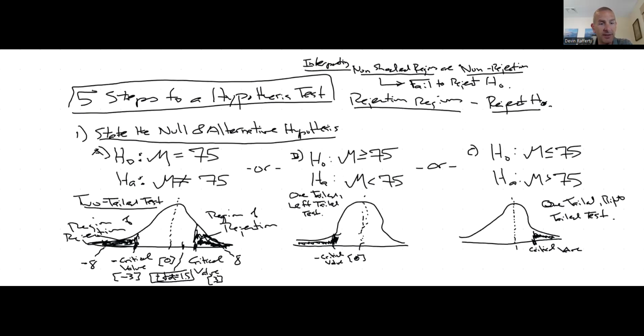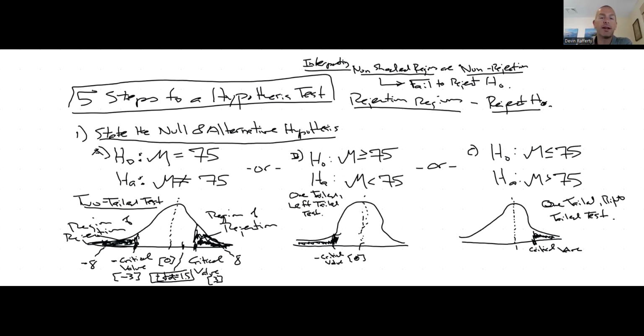A two-tailed test would mean that you have an equal to sign and a not equal to sign in the null and the alternative. Two-tailed test has a not equal to sign. But then you could also have a one-tailed test, either a left-tailed test or a right-tailed test.